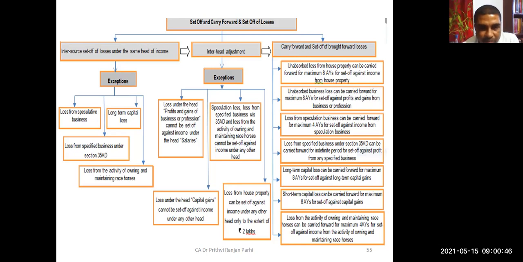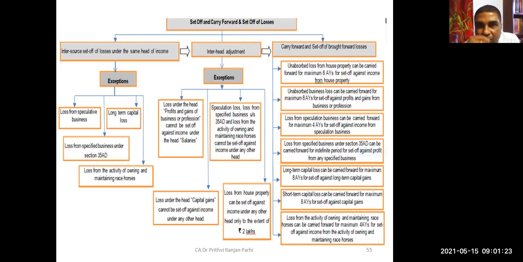The third one says speculation loss or loss from specified business under section 35AD and loss from the activity of owning and maintaining race horses cannot be set off against any other head of income. And the last exception says that the loss from house property can be set off against any other head of income for up to a value of rupees 2 lakhs. Further, it will have to be carried forward, and then it can be set off against only the head of income from house property.